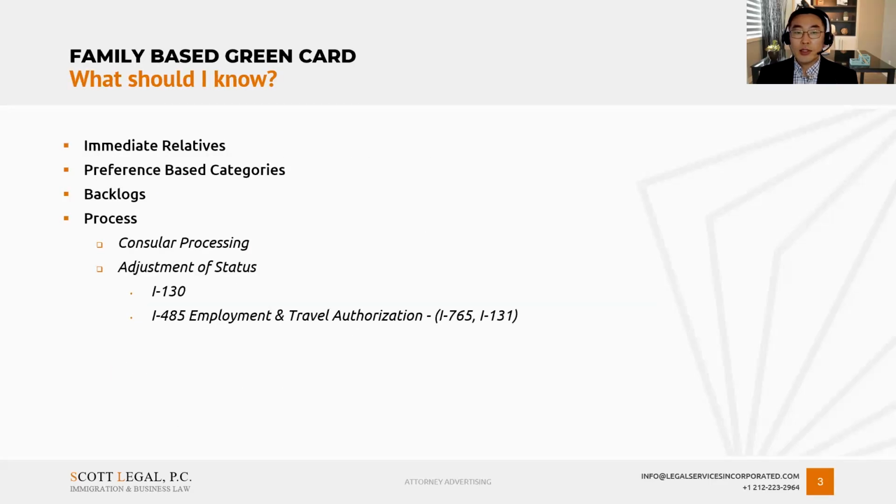So, what is the family-based green card? The immediate relatives category is the most popular way to process your foreign national spouse's green card case. The preference-based categories have a total of 5 different categories from F1 to F4, but the well-known examples are the ones I mentioned before: the spouse of U.S. permanent resident and brothers and sisters of U.S. citizens.